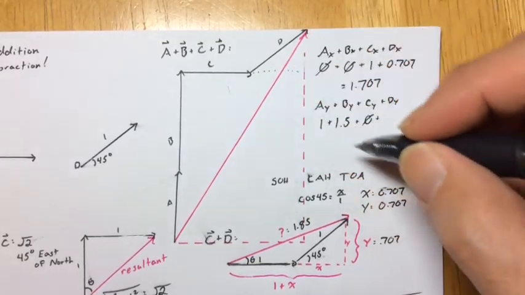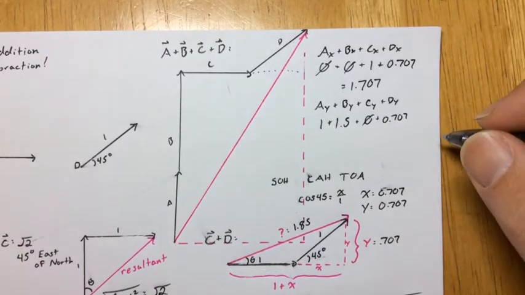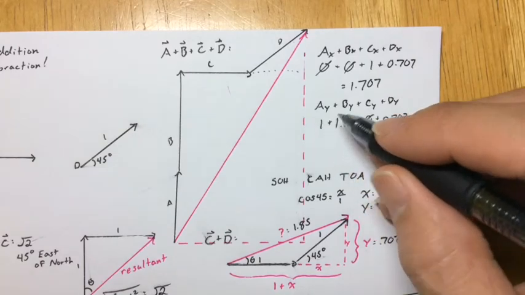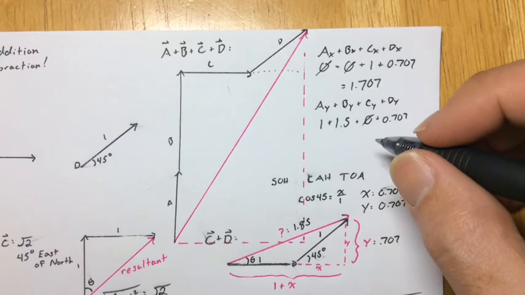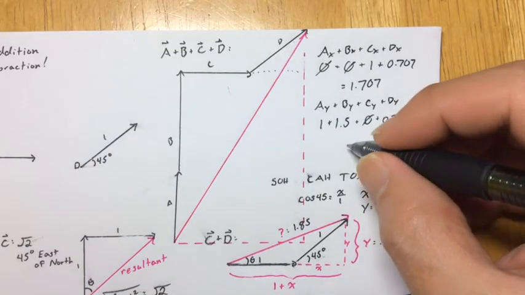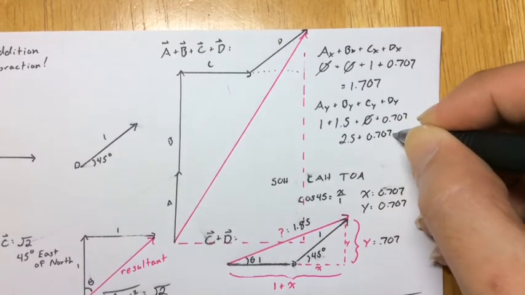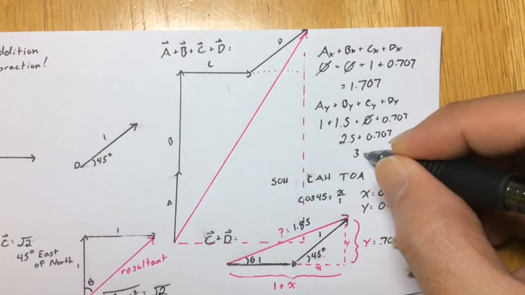Remember, it's 45, 45, 90, so it was 0.707. And so if we just look at this, 1.5 plus 1 is going to give me 2.5, and then 2.5 plus 0.707, what does that give us? It's like 3.207, yeah?